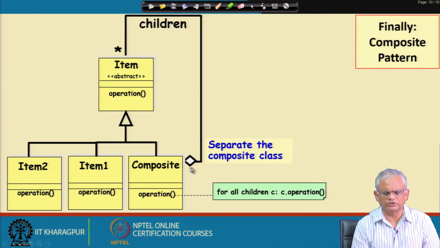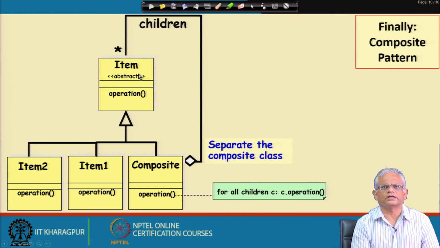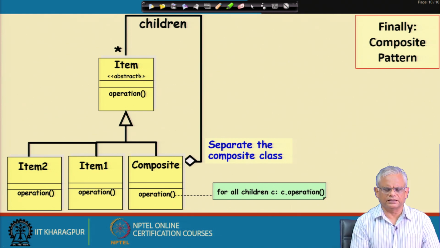There can be different composites, of course, and then the composites contain the items which can in turn be primitive items or maybe composites themselves, and this is the solution that we required.